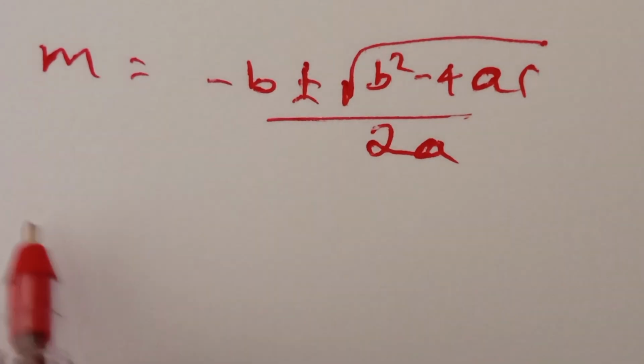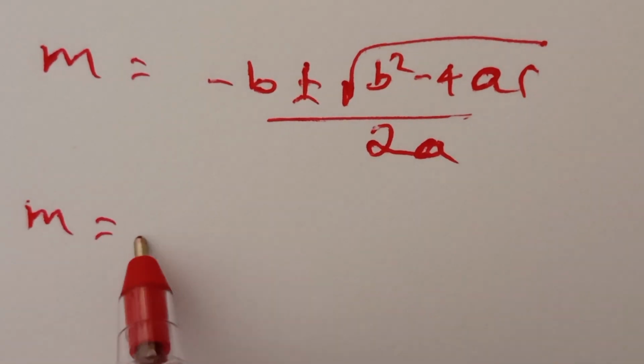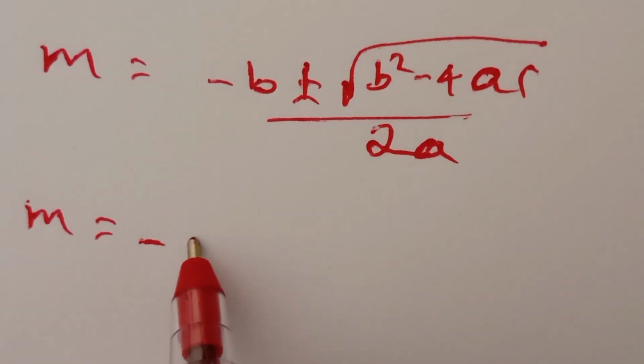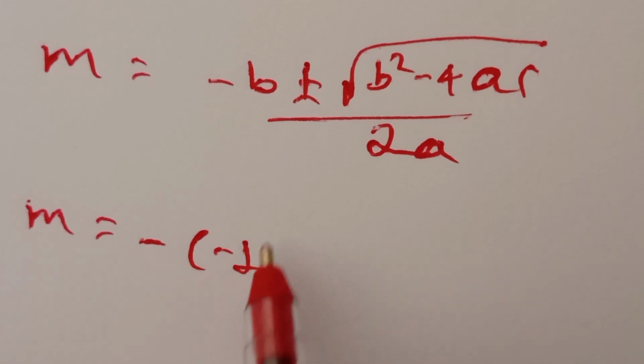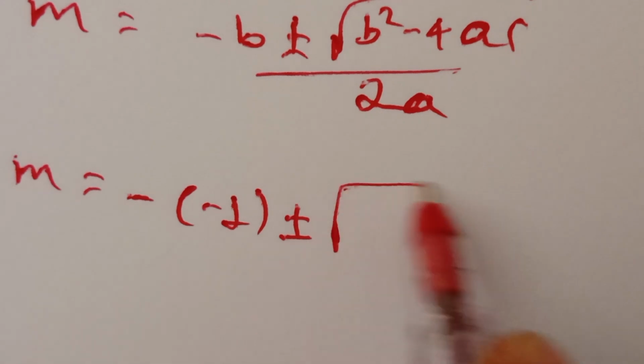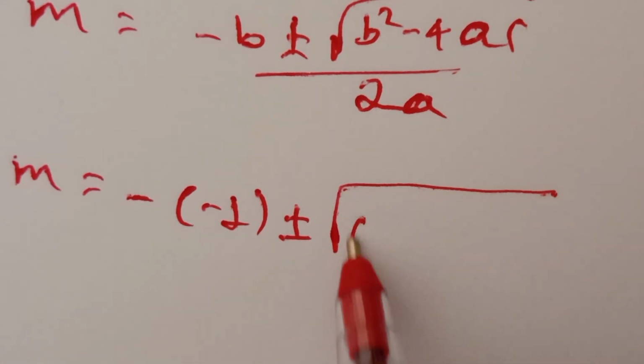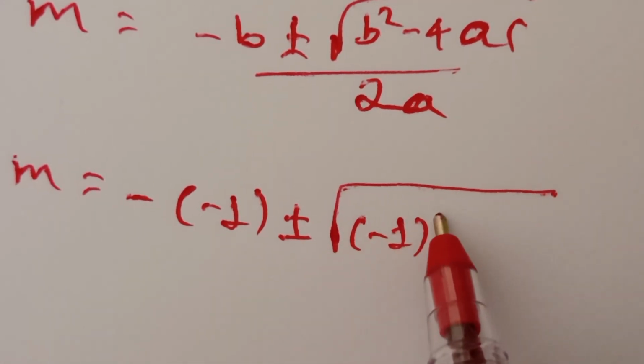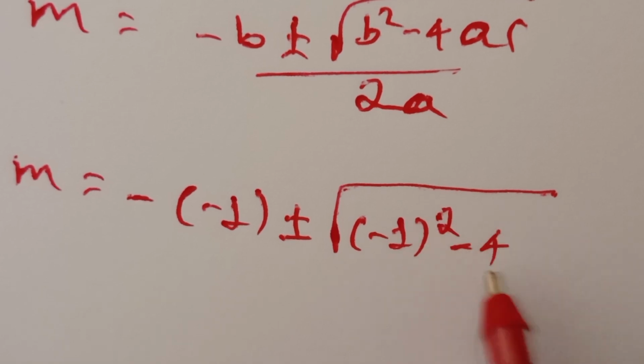To use this formula, m is equal to minus minus 1 plus or minus the radical of minus 1 squared, since b is minus 1, minus 4ac.